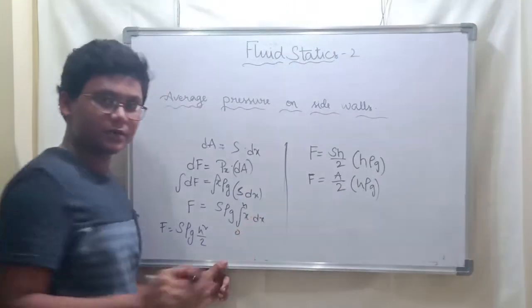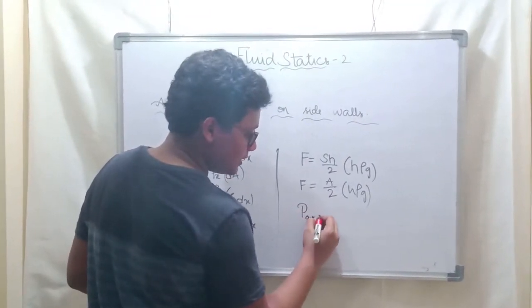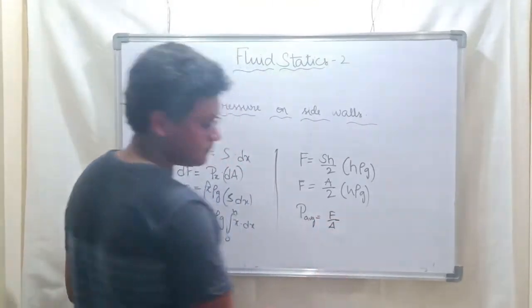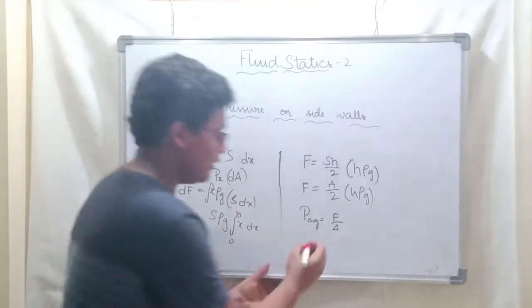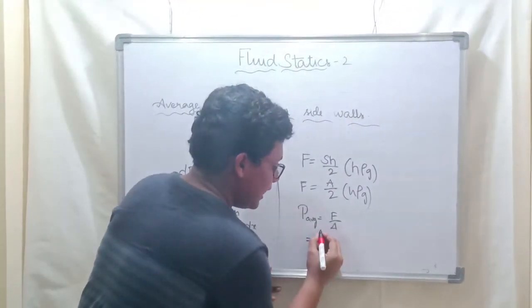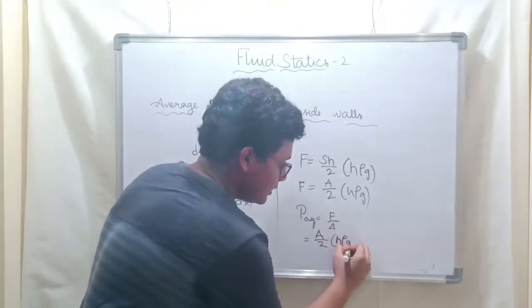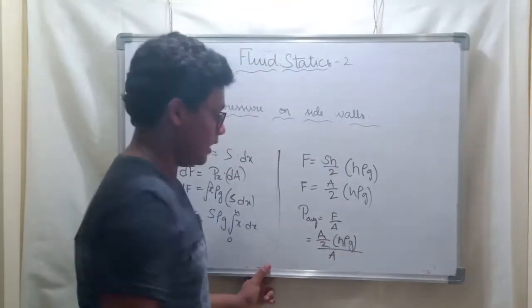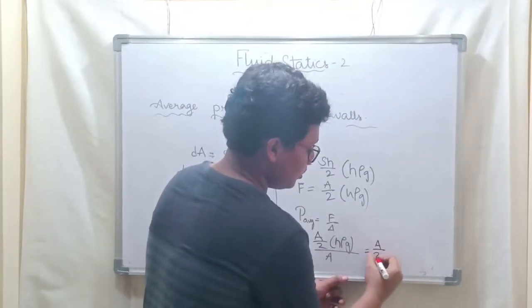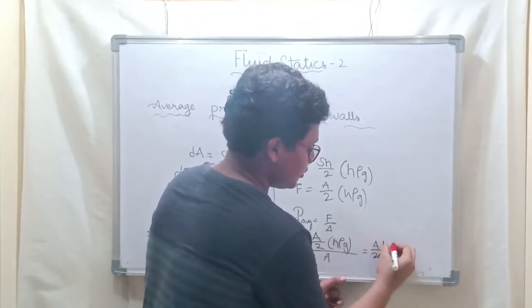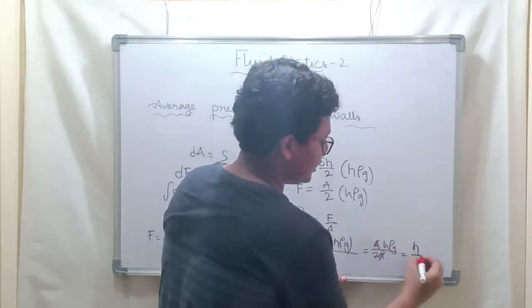So for the average pressure P, it is force by area. The force is A by 2 into h rho g. We substitute that here: A by 2 into h rho g, divided by A. A and A get cancelled, and we get h by 2 rho g.